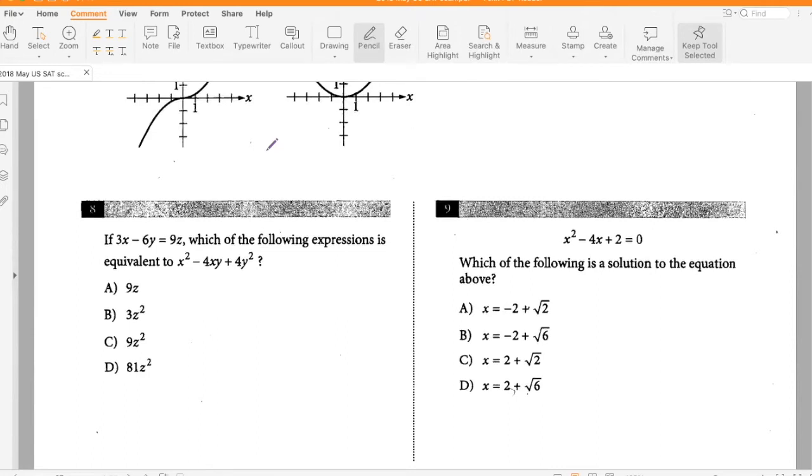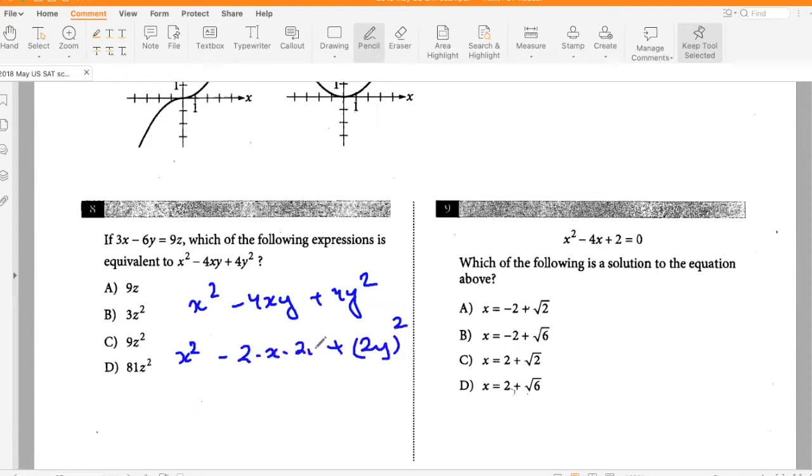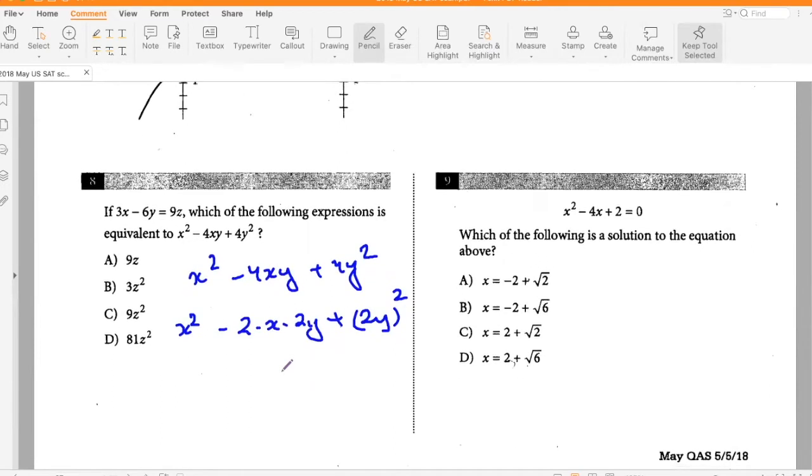If 3x minus 6y is 9z, which of the following expressions is equivalent to x squared minus 4xy plus 4y squared? So I can write this as x squared and (2y) whole squared. And this is 2 into x into 2y. So this is the relationship for a squared minus 2ab plus b squared.